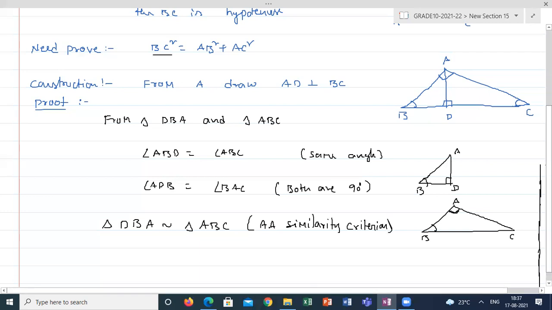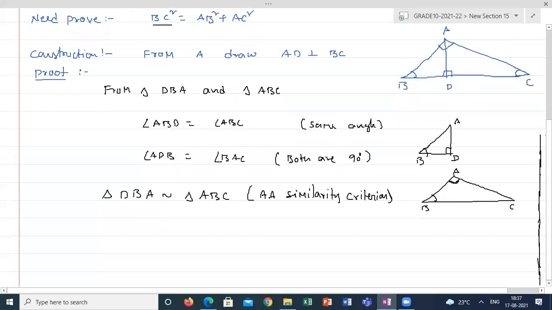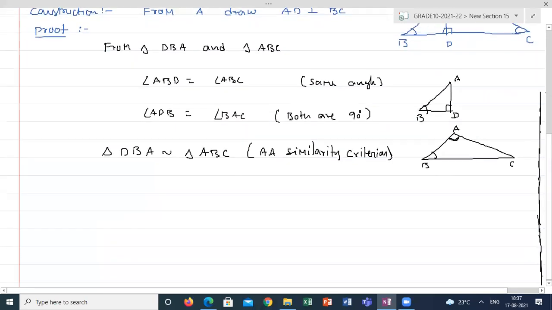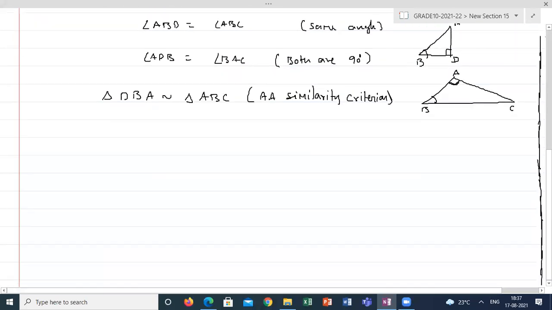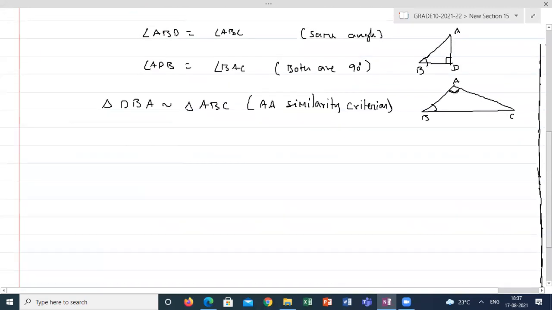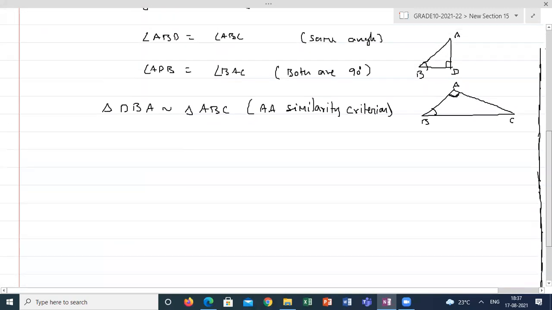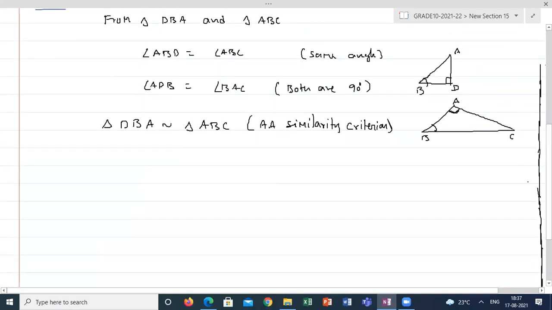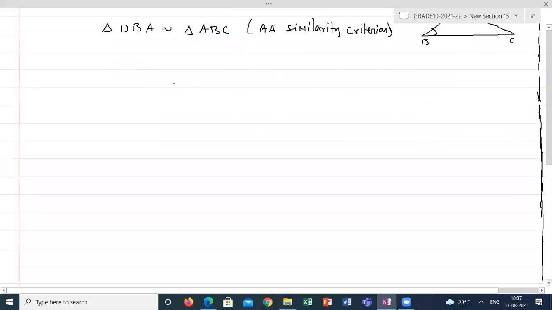Now from here, I can give the ratios of the corresponding sides. Opposite to the right angle is AB here, and opposite to the right angle is BC here. So I can write AB by BC is equal to BD by AB.